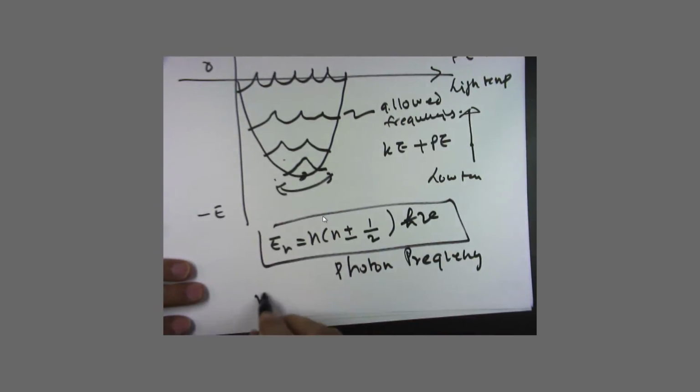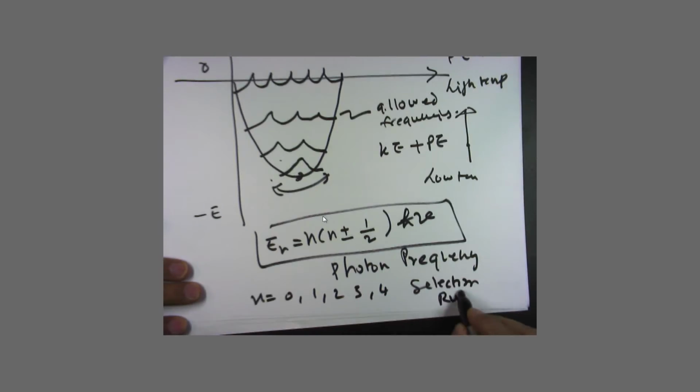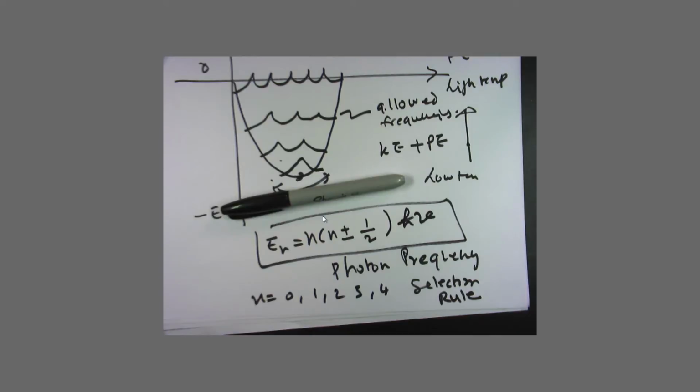This number n equal to 0, 1, 2, 3, 4 is called the selection rule, and that shows you what kind of energy levels are possible due to this harmonic oscillator.